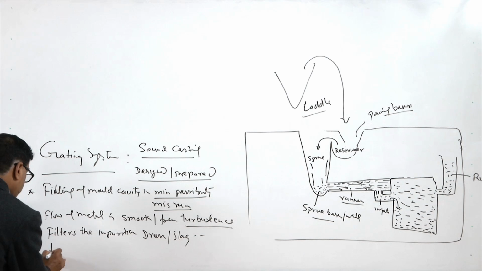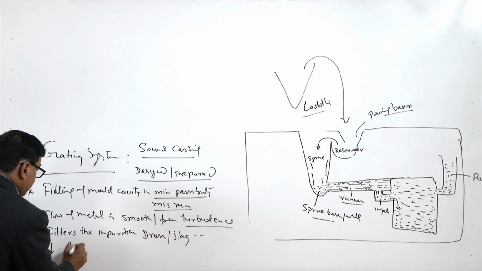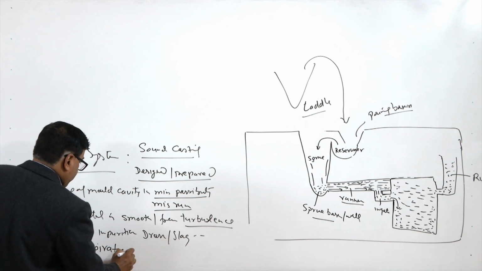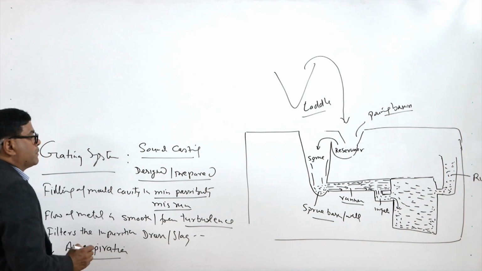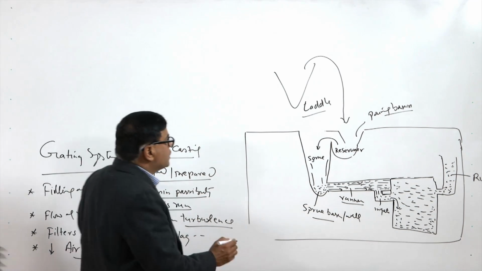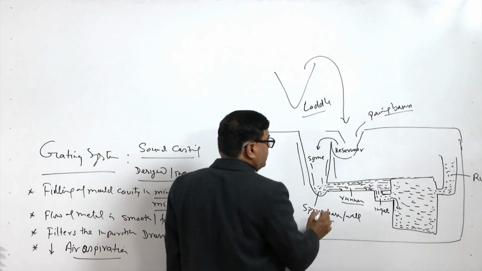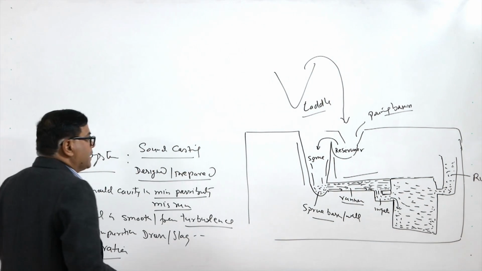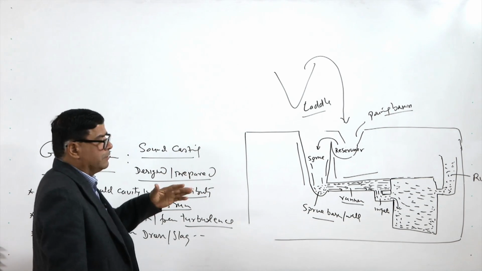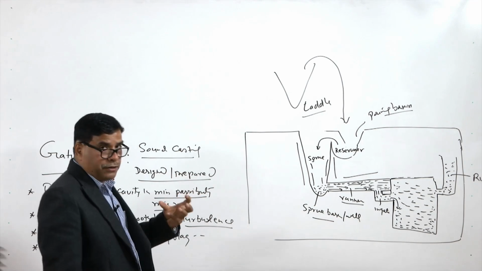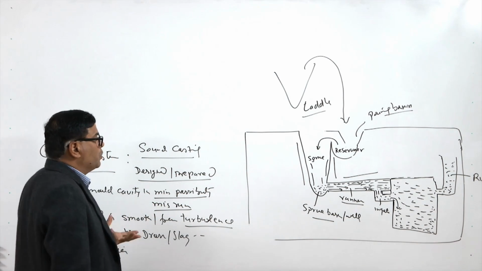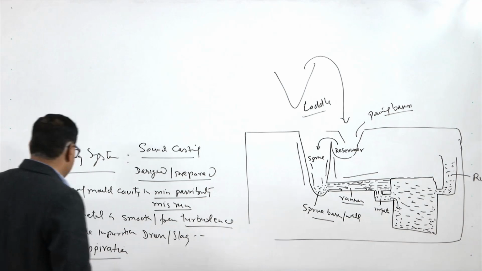Another is the flow should be such that, as I have mentioned, air aspiration is reduced. For this purpose, the design of the sprue and the design of the runner is made in such a way that they are always full of the molten metal and no negative pressure is created, so that air cannot be aspirated through the pores which are present in the sand mold.